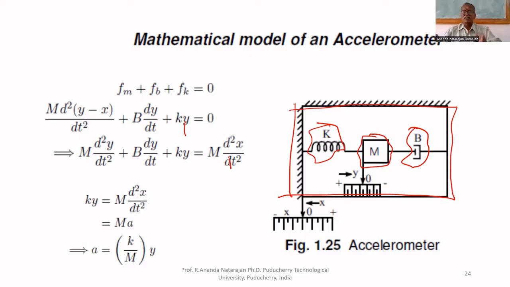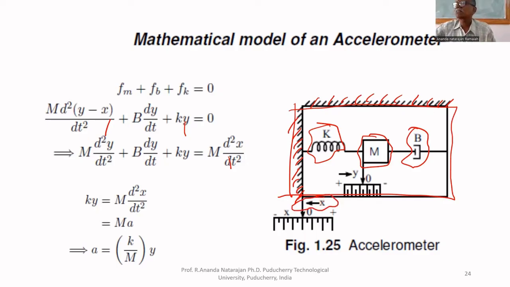I want to measure the acceleration of a body. With that body, it is attached. That's why these lines are there: it is attached to a mass whose acceleration has to be found.